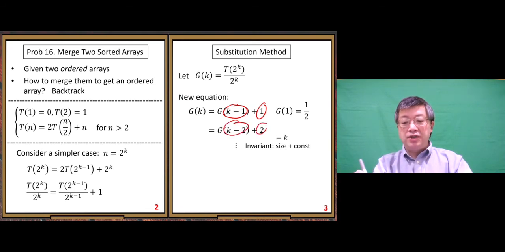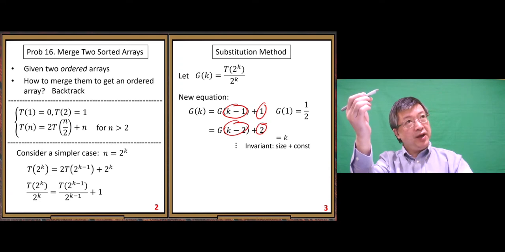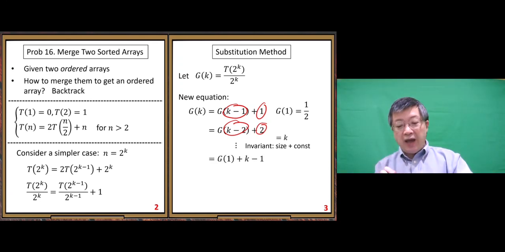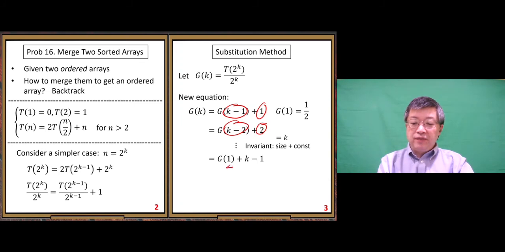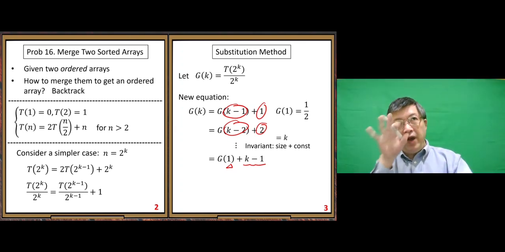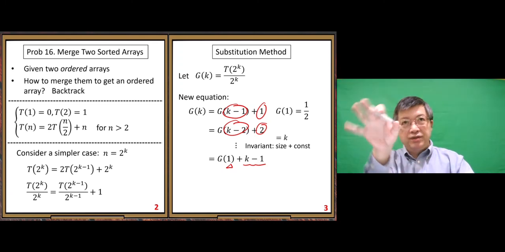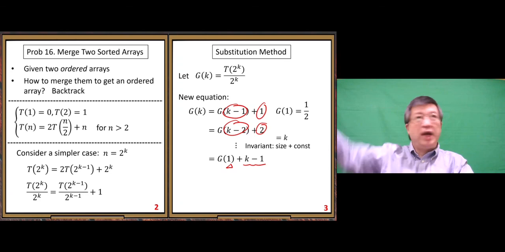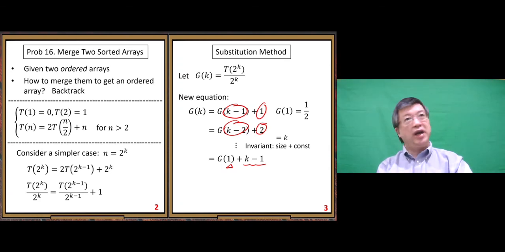These two numbers adding together also equal k. Now, when we go to the end, we need to make sure 1 plus k minus 1 also equals k. In that way, using this invariant to guide us through the long tunnel, we won't get lost.